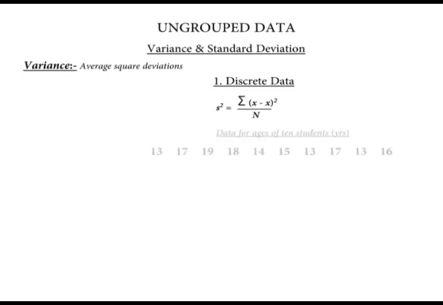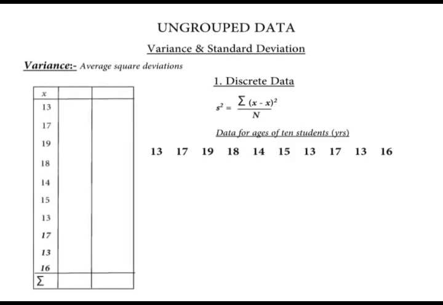So, for example, in our case for the age of 10 students, we had x, the observations, which is the ages of students. We had also calculated the mean and found it to be 15.5. From that, we also found the deviations of each age from the mean age. Now we square that deviation, that is x minus x bar squared.